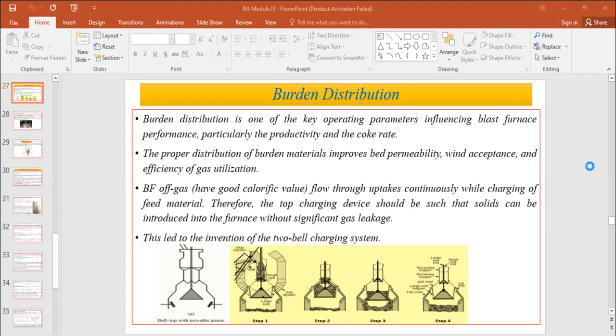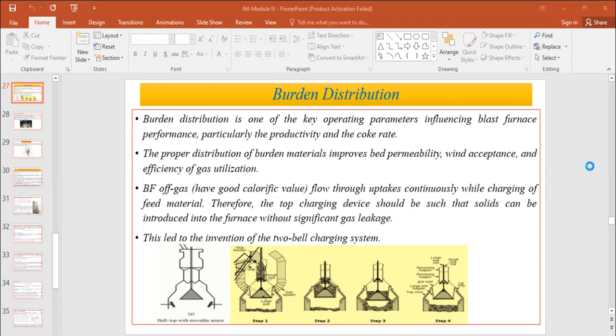Each raw material is stored in different bunkers separately, and a common conveyor belt will be arranged below these silos. A weighed amount of these raw materials are collected on the conveyor belt.